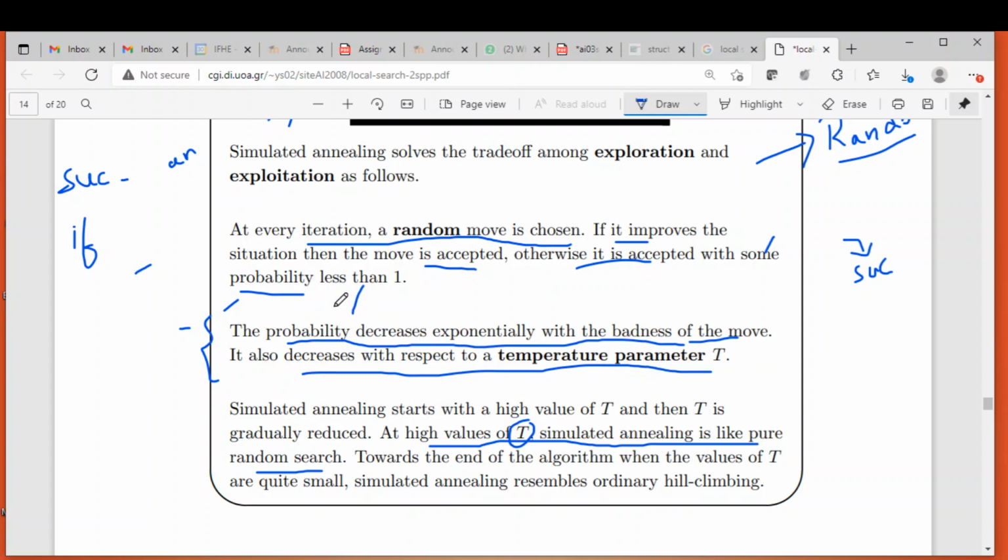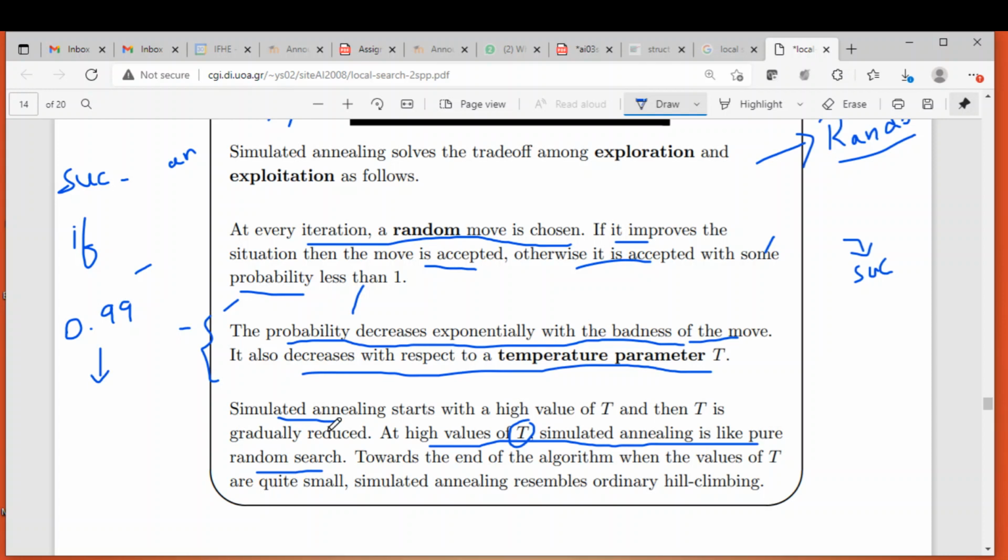Initially we will probably be setting the probability as 0.9, because it is always less than 1. So probably the initial probability will be 0.99, but as temperature decreases, you will decrease the probability. So if T is high, then simulated annealing will behave much like a random search.